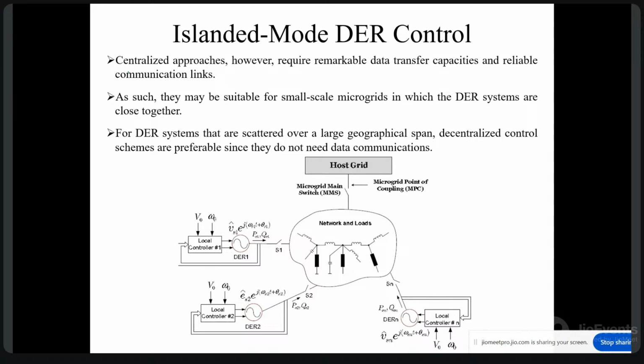With centralized approaches, the decision is taken centrally and implemented at different local controllers. Whereas in distributed or decentralized control strategies, decisions are taken together by different controllers sitting beside every generator or load.